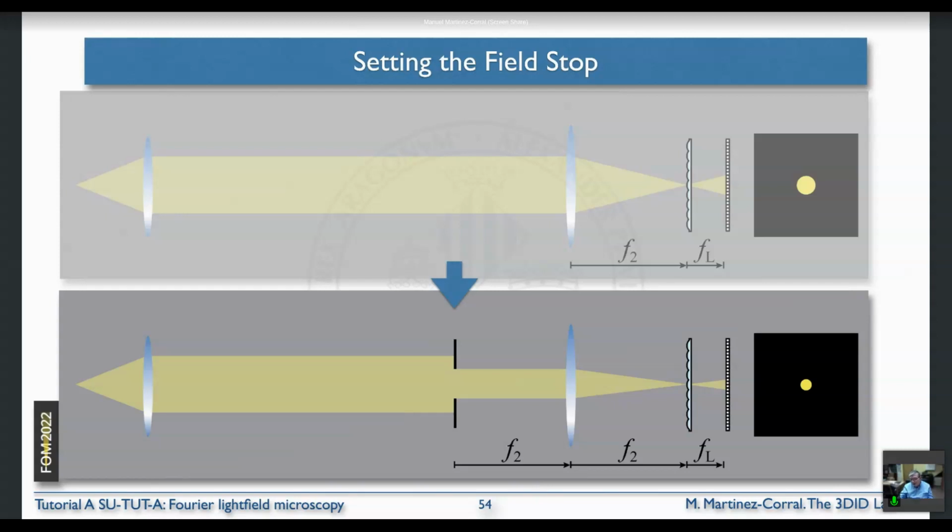You know the dimensions here because you know the pixel size. Since you know the pixel size in your monitor, you can see the size of this, and you can check that it has the same diameter as the pitch of the microlenses.